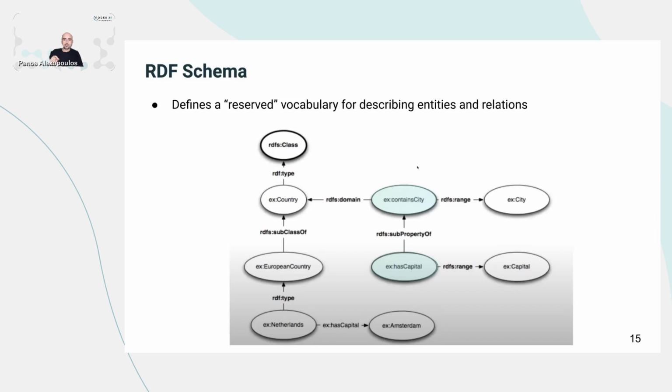So RDF Schema gives us a predefined vocabulary that we can and should use in order to describe our knowledge graphs. Something that the labeled property graph doesn't give you.